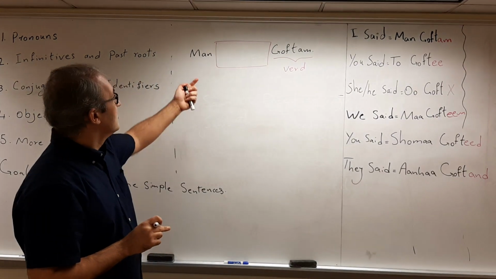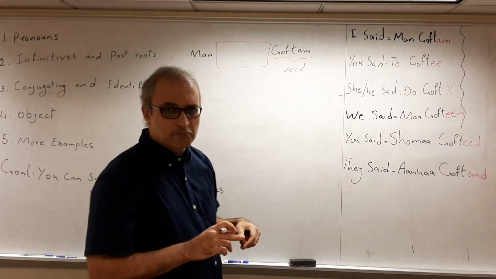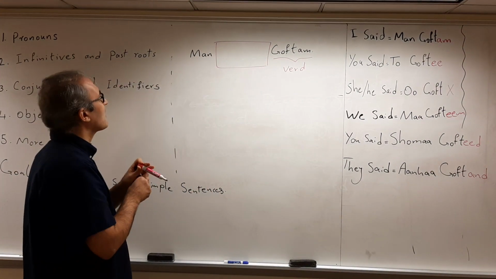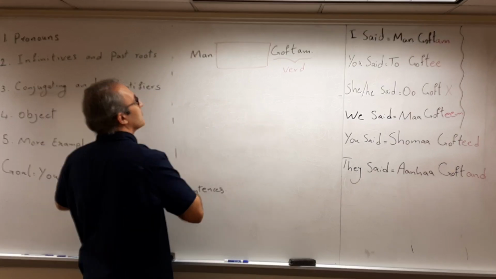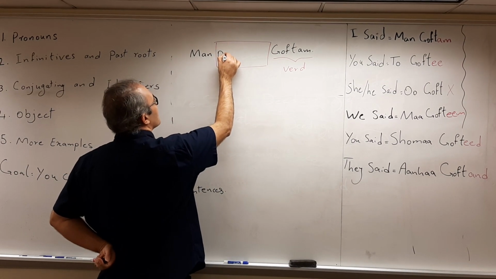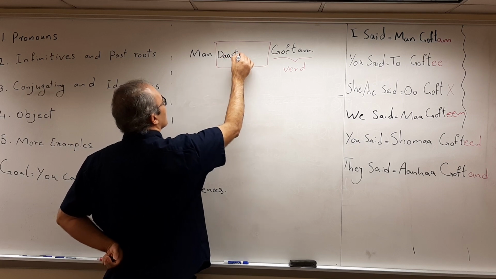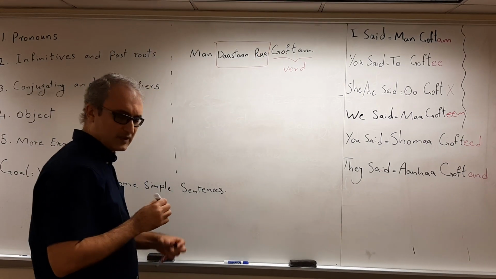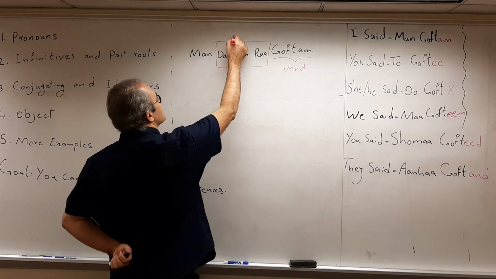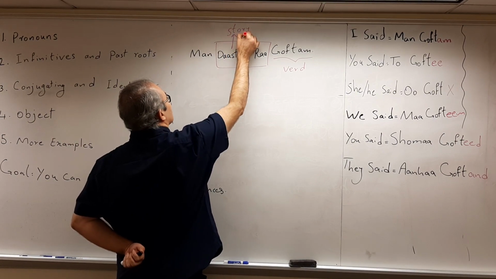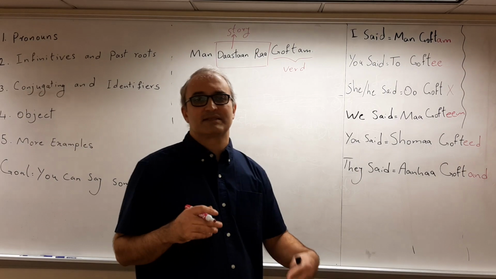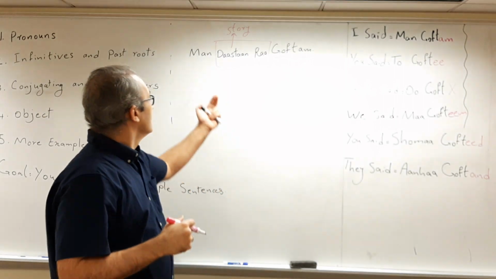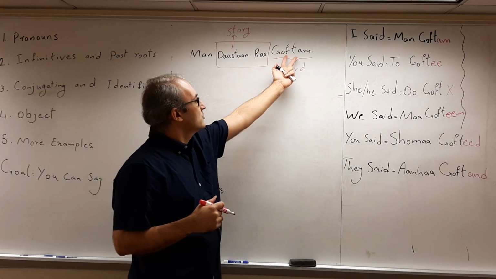So, من گفتم. You ask me, what did you say? I said, من, for example, داستان را گفتم. داستان is story in Farsi. I said the story. من داستان را گفتم.